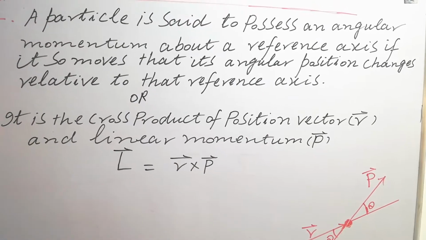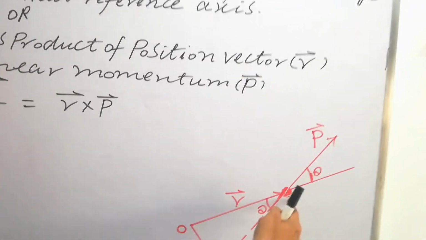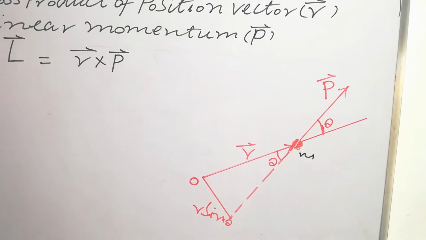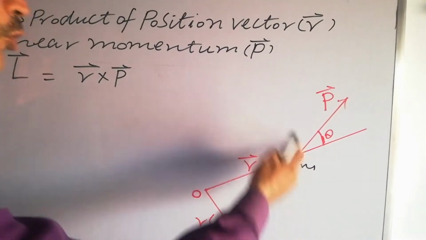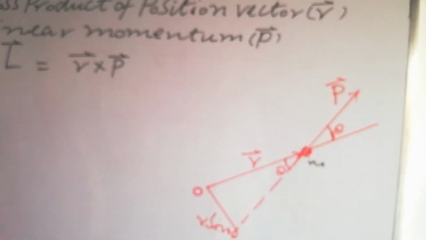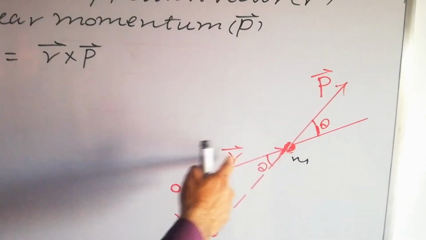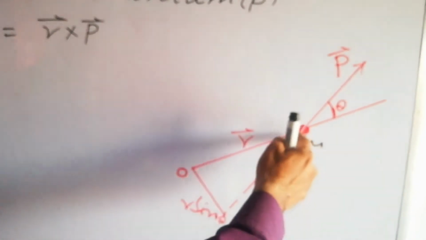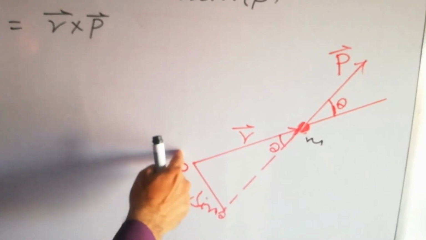Now students, look at the diagram here. We have a particle of mass m attached to a massless rod, and if we apply a force on it, it starts rotating in a circle. So we have its linear momentum p and the position vector r. It is a position vector because it starts from the origin, from the pivot point here.